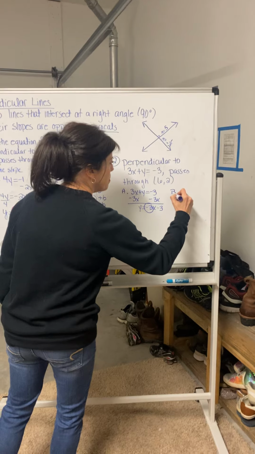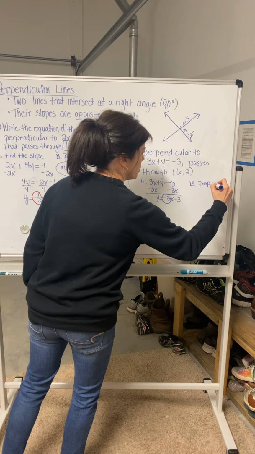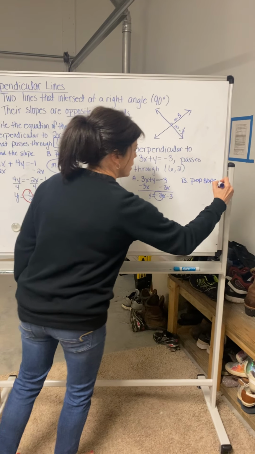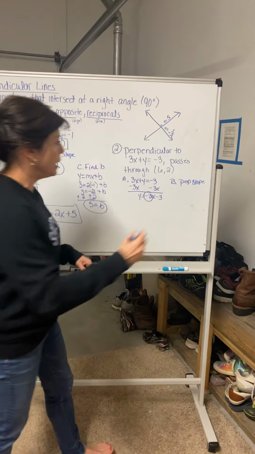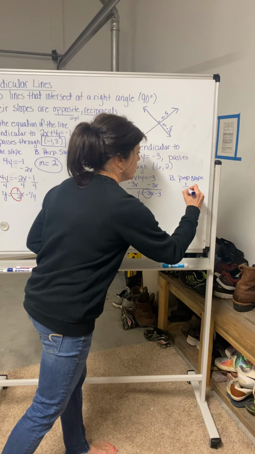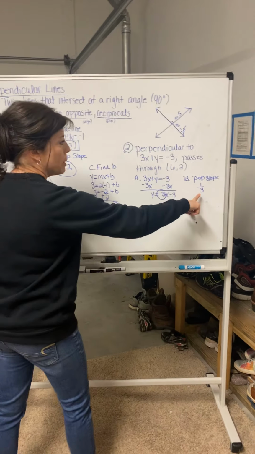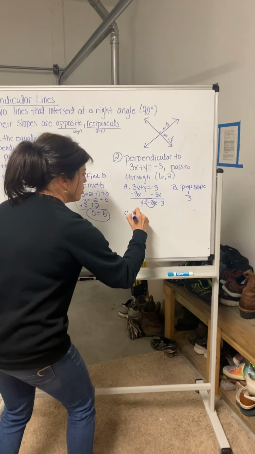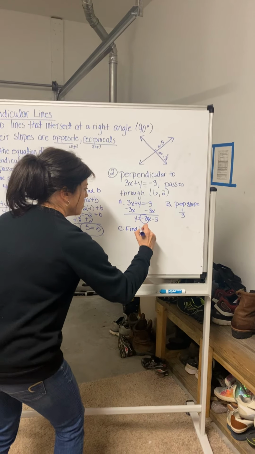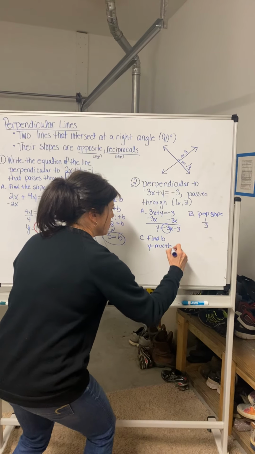So for step B, I want the perpendicular slope. If the slope of this is -3, my perpendicular slope would be +1/3. Opposite reciprocal. So now I'm going to take my perpendicular slope and my ordered pair, and find the y-intercept. I'm going to plug all of that into y = mx plus b.